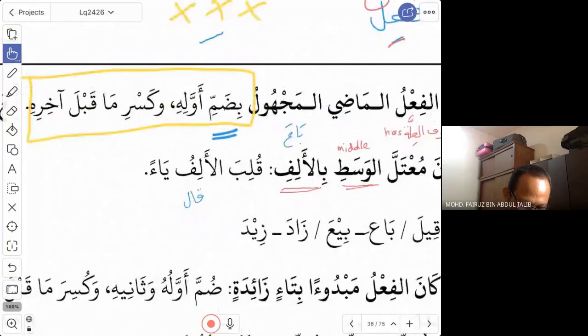Here they said qulibat al-alifu ya'an. Quliba, you can say transform. The alif is transformed into ya.